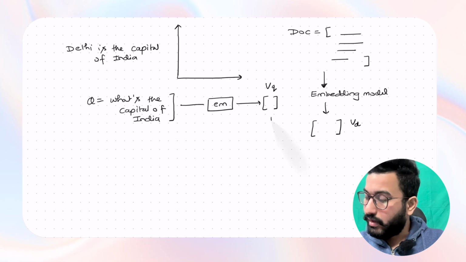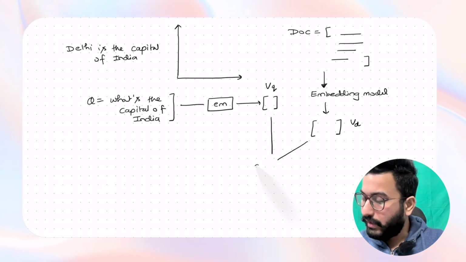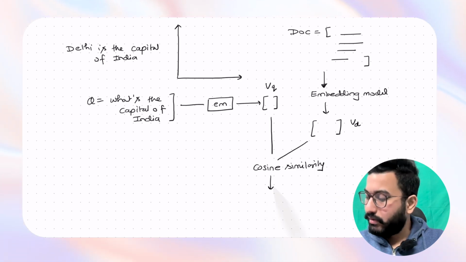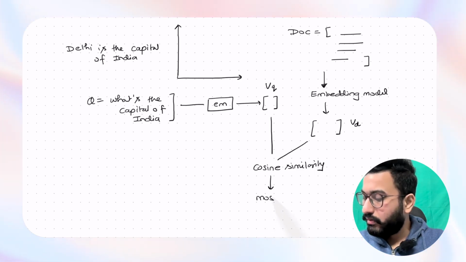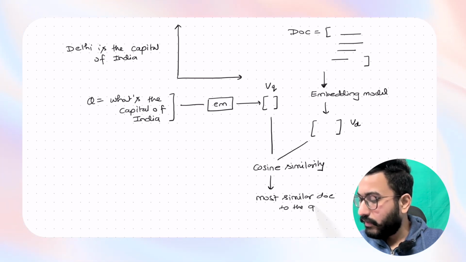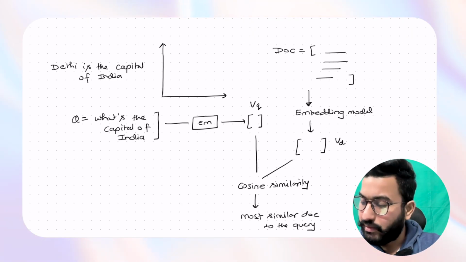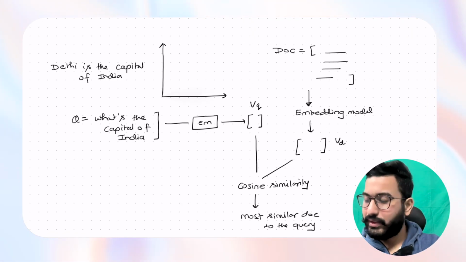I will use the concept of cosine similarity and we will try to find out the most similar document to the query. Now, what is cosine similarity? Cosine similarity is basically the technique of finding out the angle between two vectors.